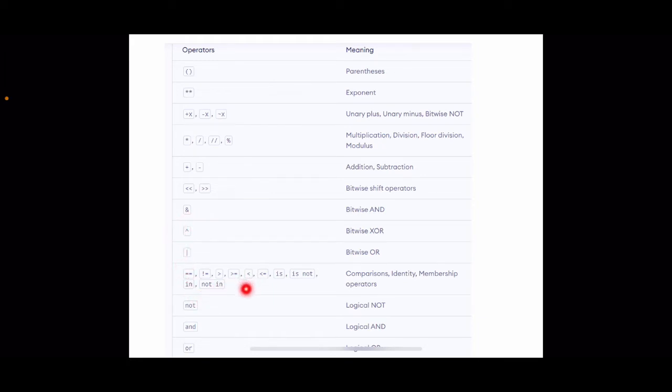Then we have the comparison and membership operators like in, not in, etc. Then we have the logical operation, in that not is having the highest precedence, then AND, then OR. This is the order of precedence. So based on that only different operators should be applied to different operands for evaluation.